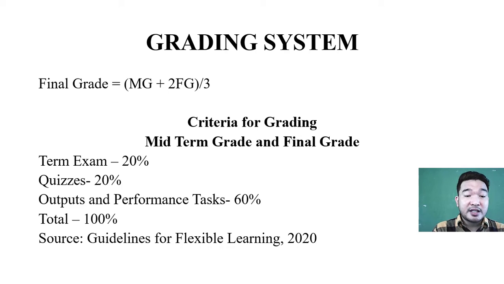The criteria for grading for the midterm grade and final grade: term exam is 20%, quizzes 20%, outputs and performance tasks 60%, a total of 100%. So this is based on the guidelines made by the College of Education for Flexible Learning 2020.